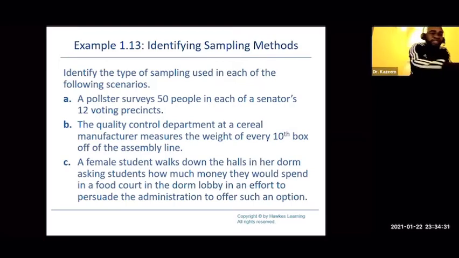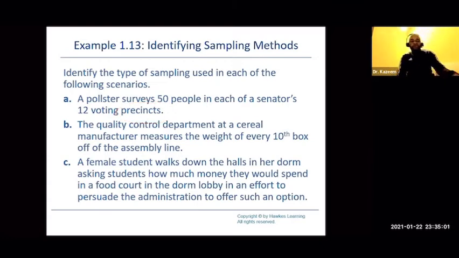The precincts are not the same. You have 12 voting precincts, and he decided to choose 50 in each of the precincts. If you put all the precincts together, it is heterogeneous, and that is the reason why he decided to choose from each and every stratum. So that is stratified sampling.